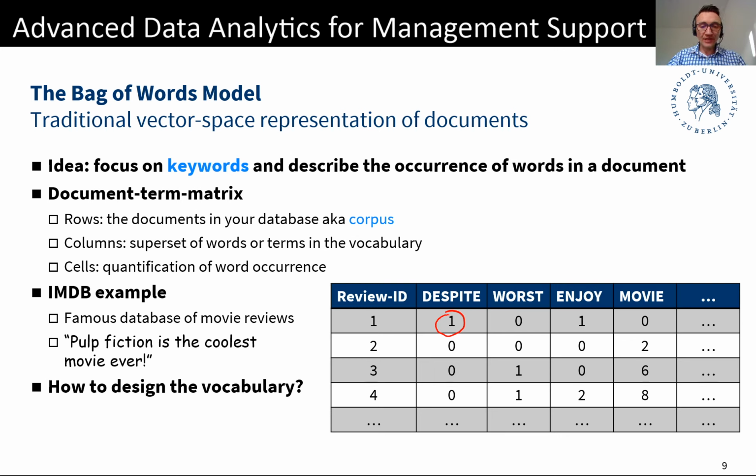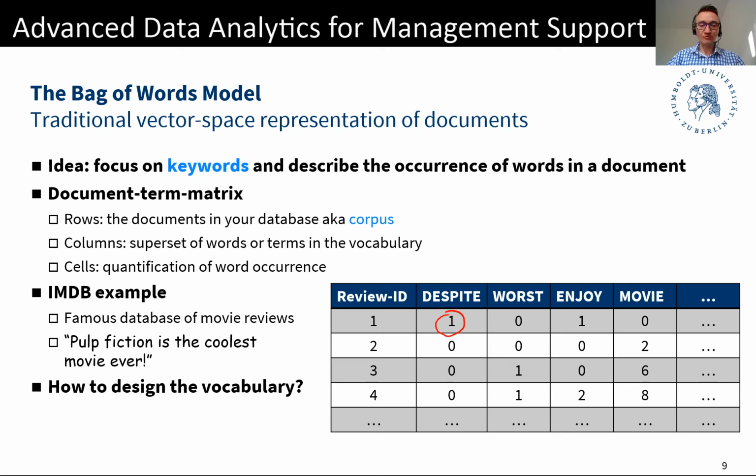Okay, so question number 1, how to design the vocabulary in this setting. Is it really plausible? Is it really sensible to use all the words in the database that we ever encountered?